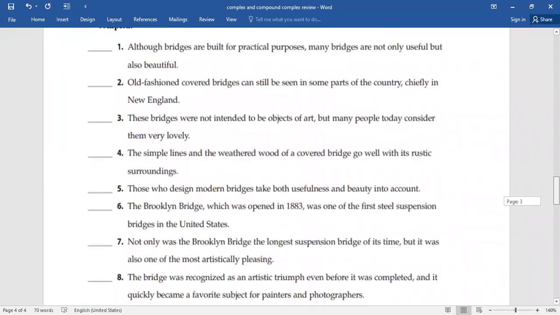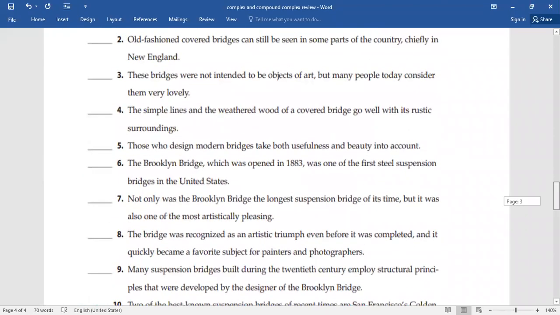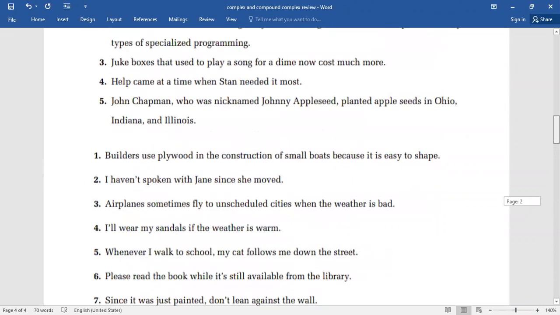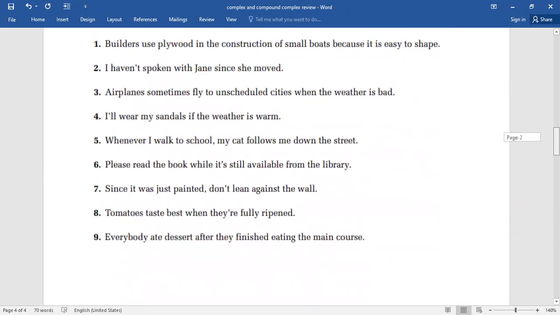Okay, Kareem, you were answering number one. You answered it already, and you underlined the correct subordinate clause. The only mistake you made is in identifying how it starts. It starts with "because," and what is "because"? Subordinate conjunction.